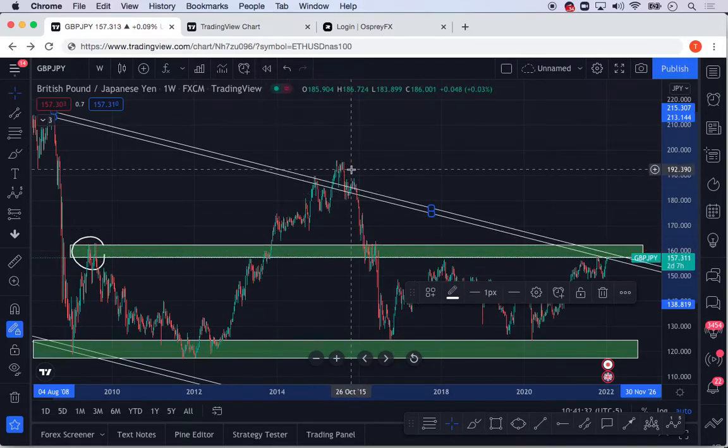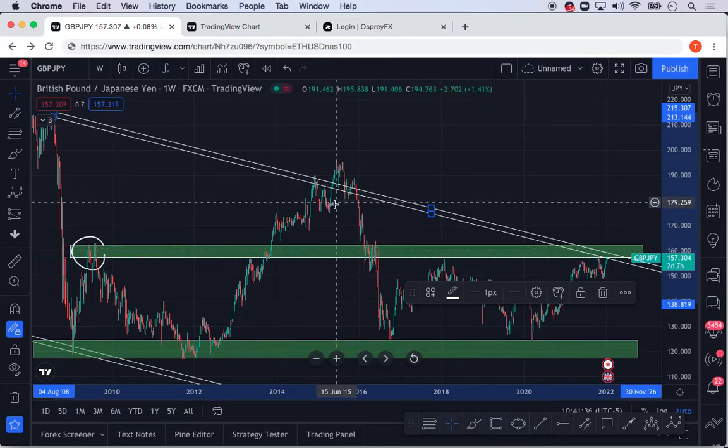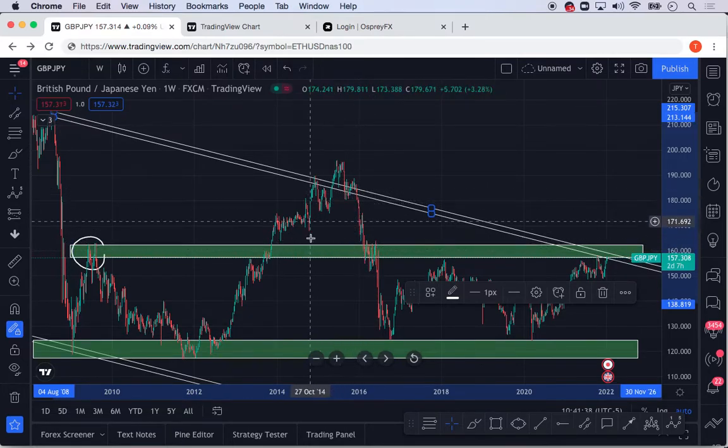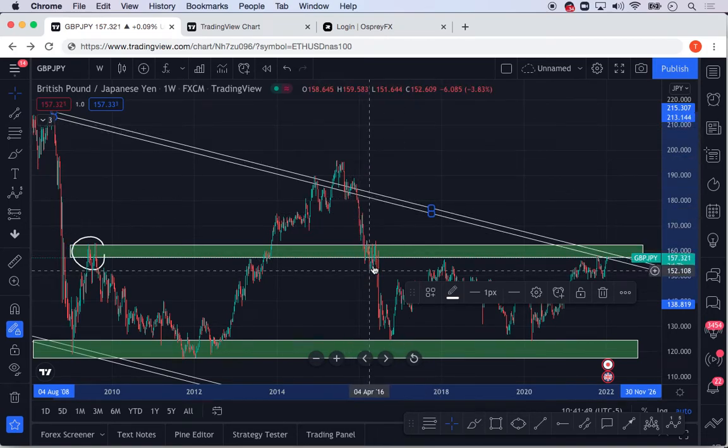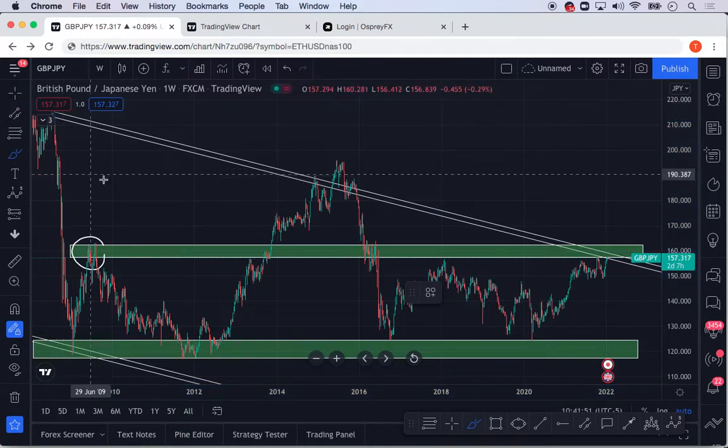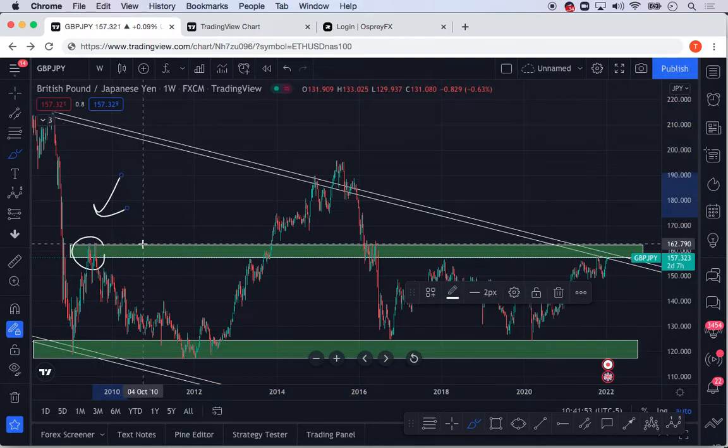We broke above it, yes, cool. But if this was not gonna hold as a resistance, then when it came right here, it should have just went right back up off of it. But it didn't. It went right back underneath it and did what it did previously, which was act as resistance.